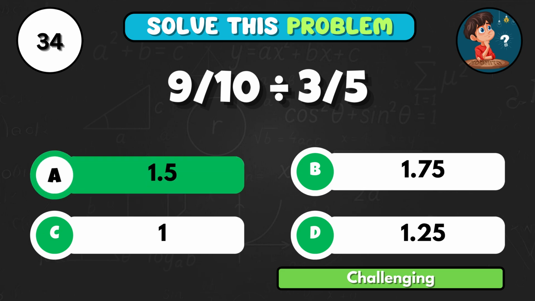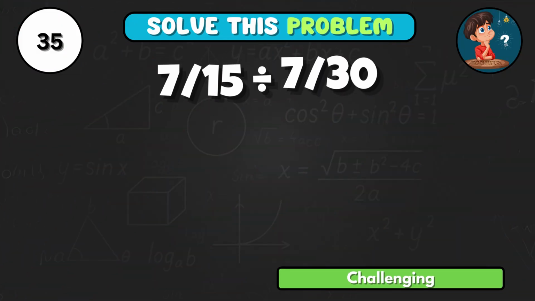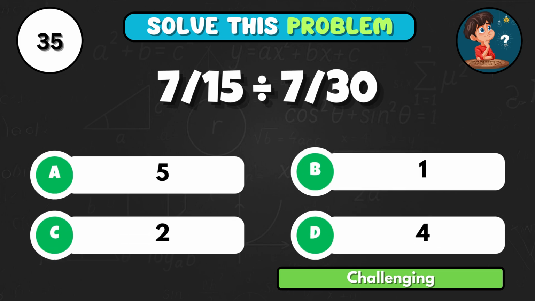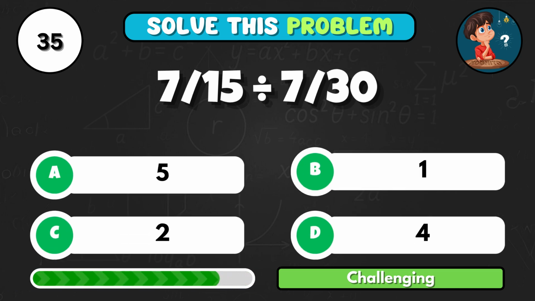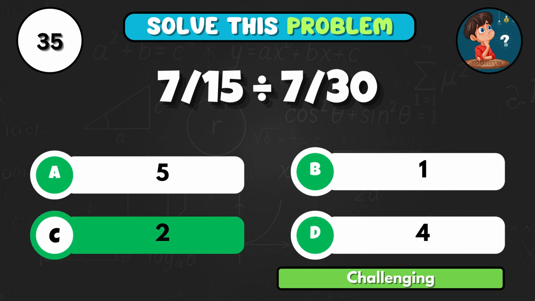It comes to A, 1.5. 7/15 divided by 7/30 equals what? That's C, 2.